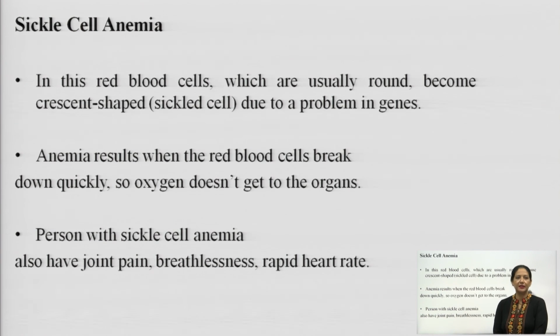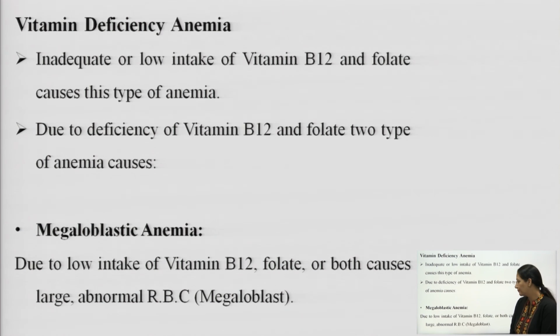Then sickle cell anemia, this is the genetical disorder in which an improper shape of RBC is formed and they are unable to carry the proper amount of oxygen, and that type of person may suffer from joint pain and related symptoms. Next is vitamin deficiency anemia, in which an inadequate or low amount of vitamin B12 and folic acid is present in the person, and the person may have two types of vitamin B12 deficiency anemia.